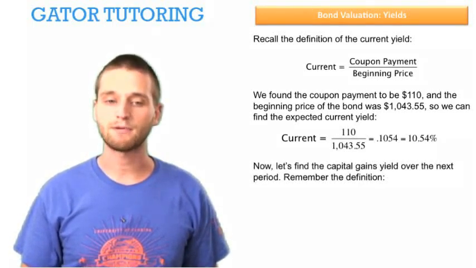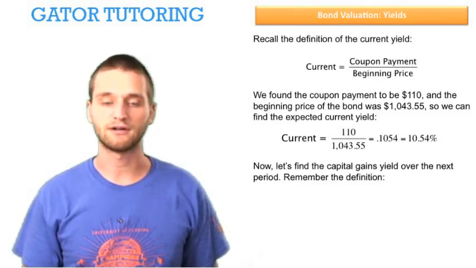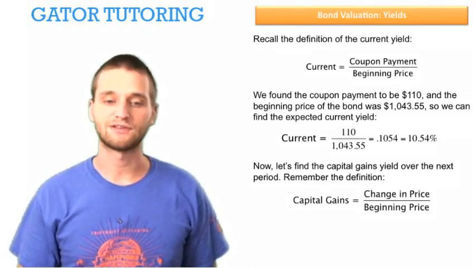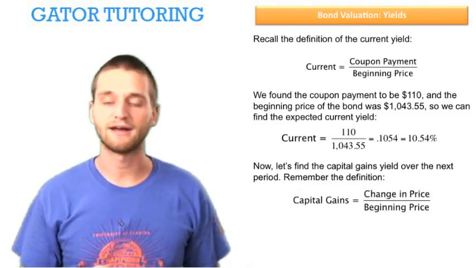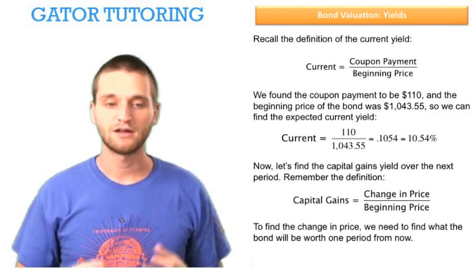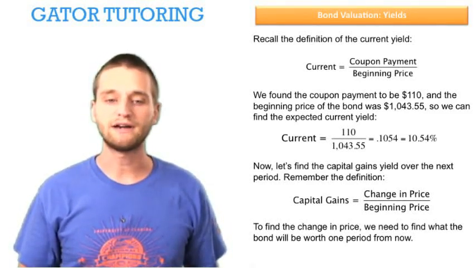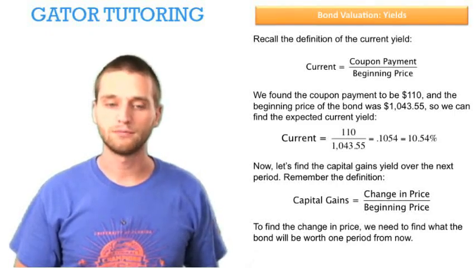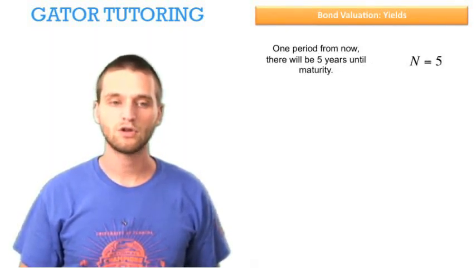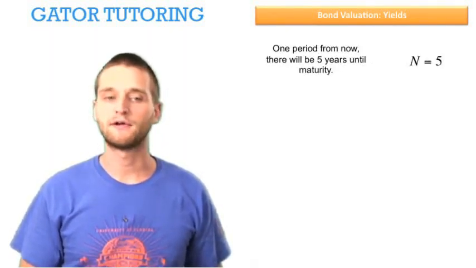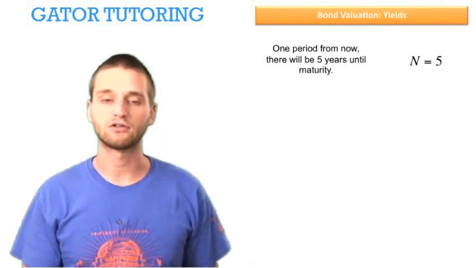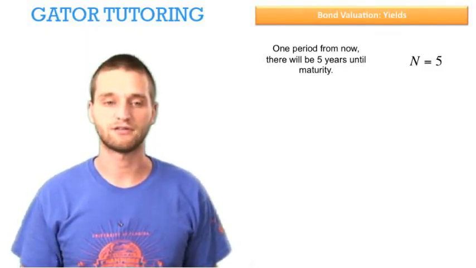Now let's find the capital gains yield over the next period. Remember the definition. It's the change in price divided by the beginning price. To find the change in price, we need to find what the bond will be worth 1 period from now. Well, 1 period from now, there will be 5 years left until maturity, so we enter in 5 for the number of periods.